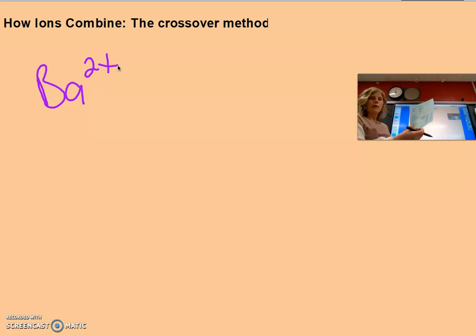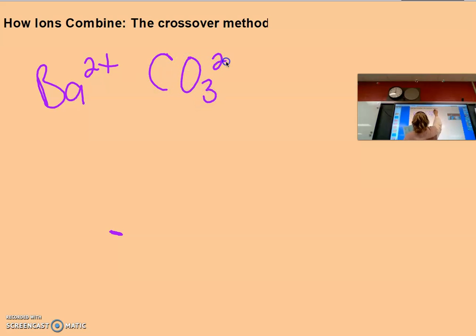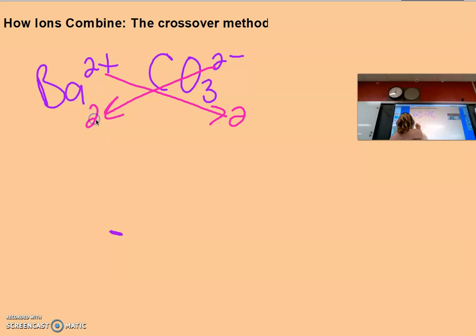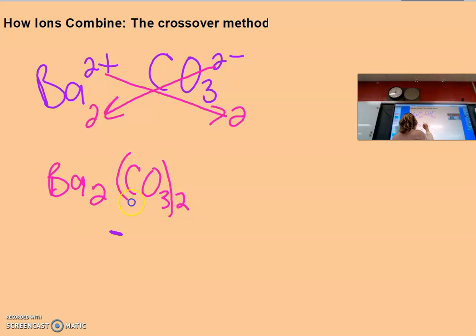Carbonate is down in the -2 on the middle of the bottom of the sheet. So carbonate is CO3 with a 2- charge. So I can use my crossover method, and I have this Ba2CO3. I can't write the 2 like that. I need that parenthesis in there.